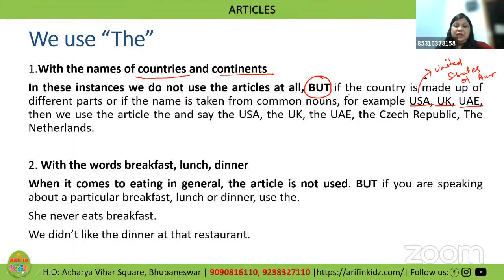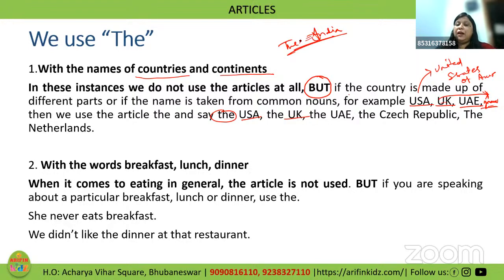So you can also remember it as a collection. When the name of a country is like a group of words. Yes, 7 continents. Very good. A group of words, then we use the. Like we say the USA, the UK. That's why we do not say the India. Right? Why?